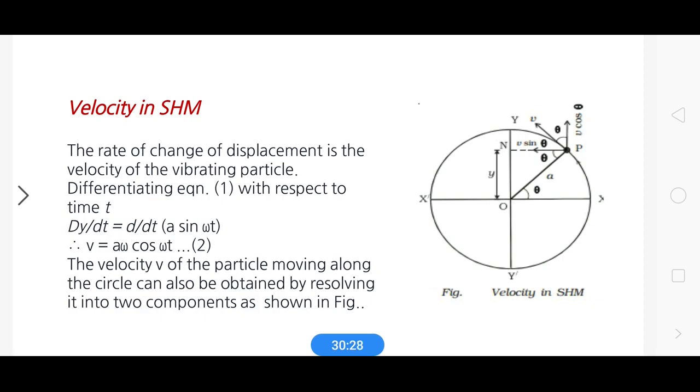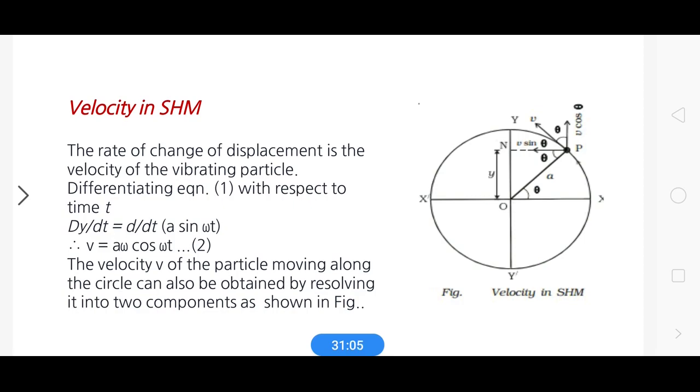The particle is revolving in the circular path with center O, and the radius of the reference circle is A. The linear velocity in the circular path is always tangential at that point. I am considering the particle at point P after t seconds. The velocity at that point P is tangential, so V is the linear velocity at point P.